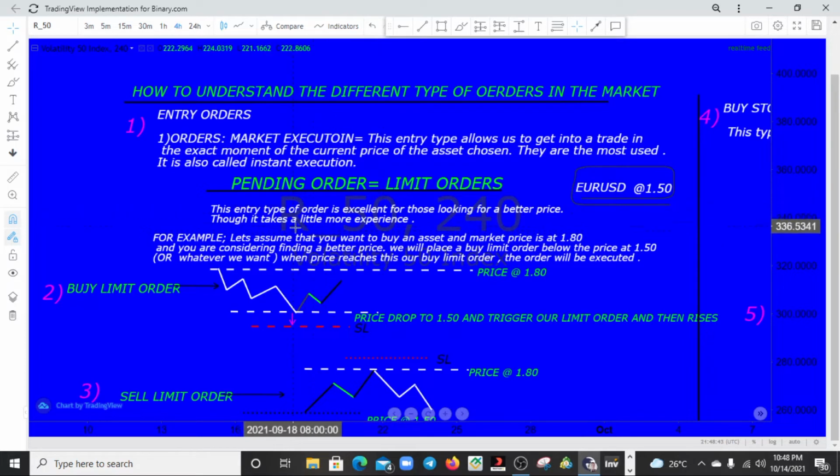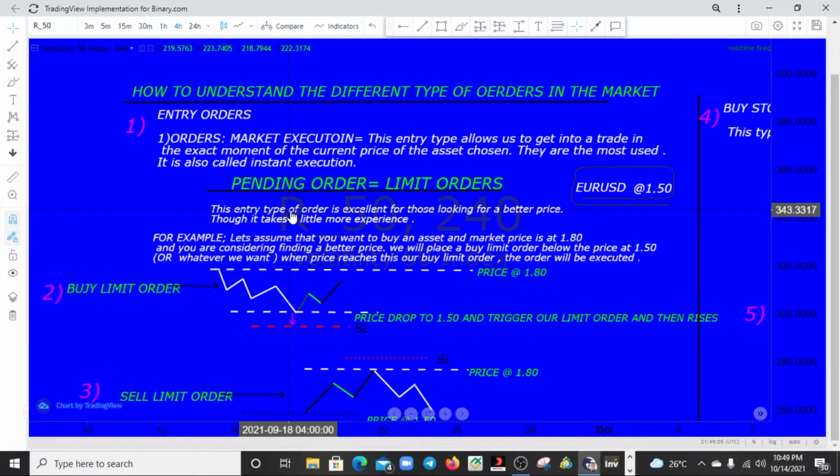Why I say a little more experience is because if you don't understand this type of order, you will make a mistake, and when price gets to your point, you might be triggered in the wrong direction. That is why you need to have a clear understanding of these orders before placing them.